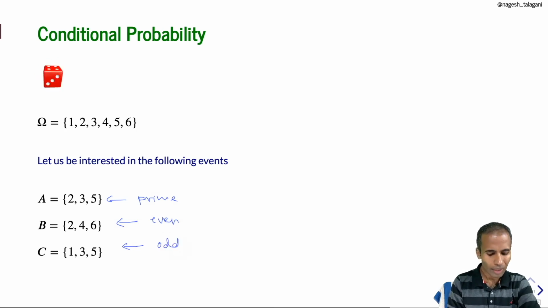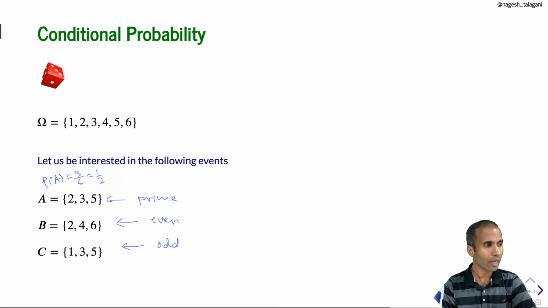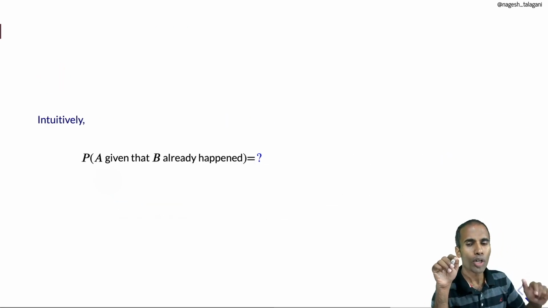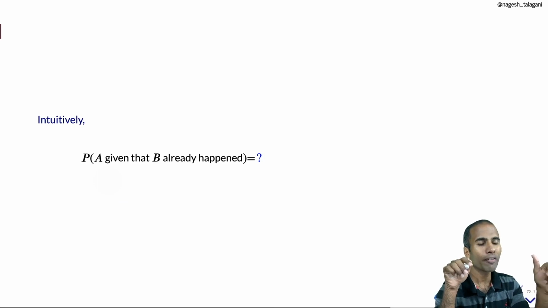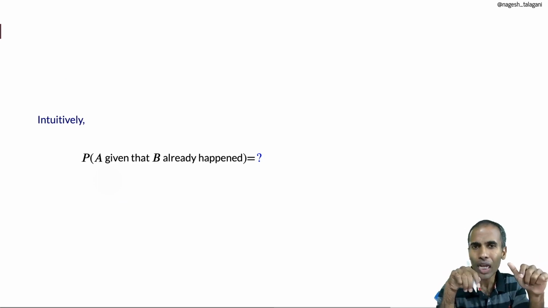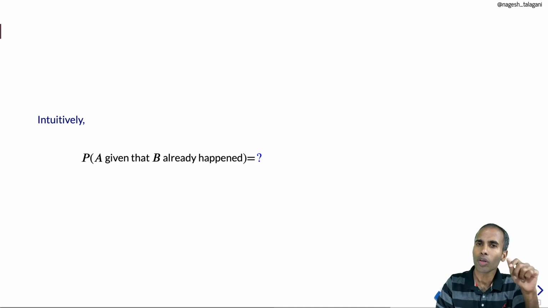Okay, clearly the probability of A is going to be 3 by 6, which is going to be 1 by 2. Okay, now intuitively, what should be the probability of A given that B already happened? See, when we have information that B already happened, we only think of 2, 4, 6 as possible outcomes, right?